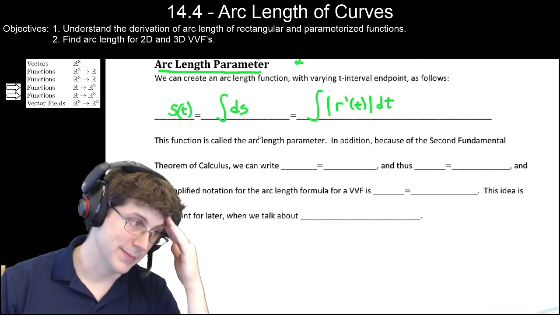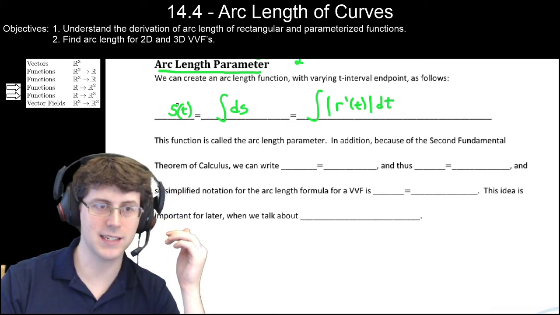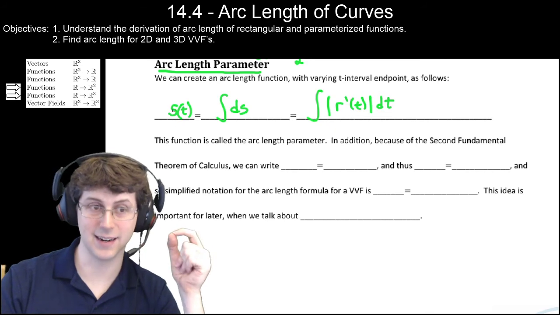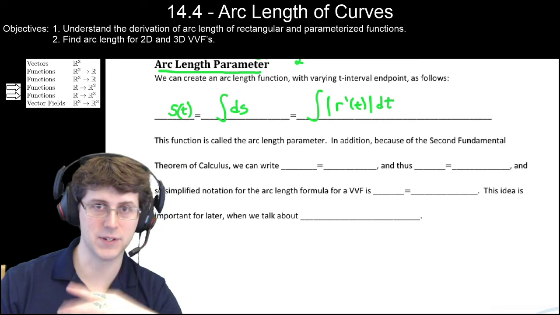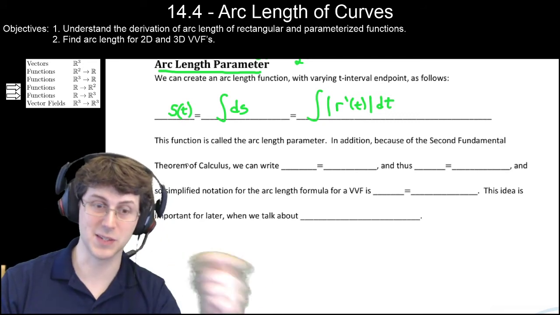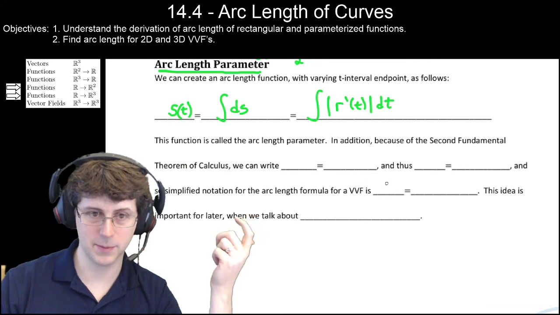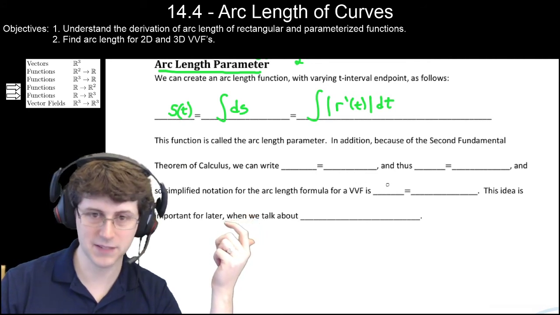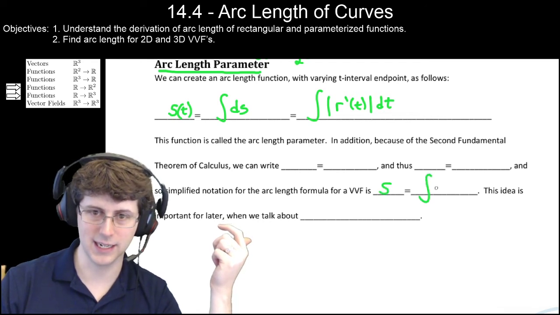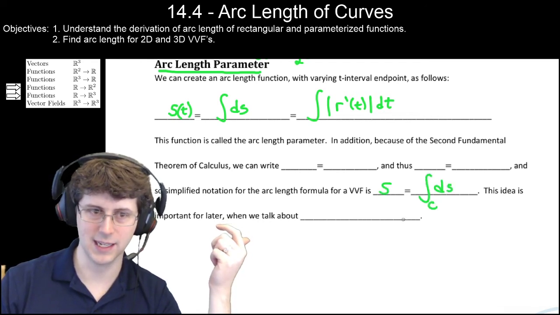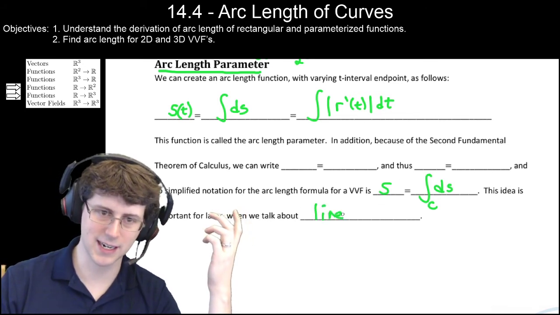So we'll later try to use the parameter s in our parametrizations instead of all the different kinds of parametrizations that go at different speeds. In the end, we will say that the simplest form of the arc length formula is we'll integrate ds over the curve c, and this will help us talk about line integrals later.